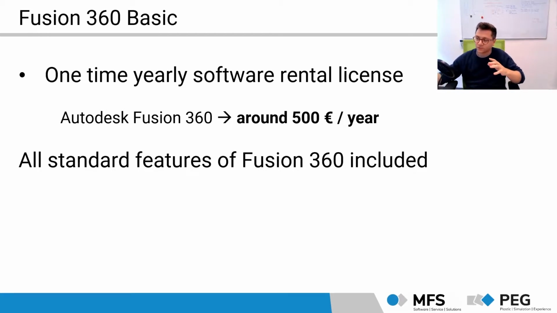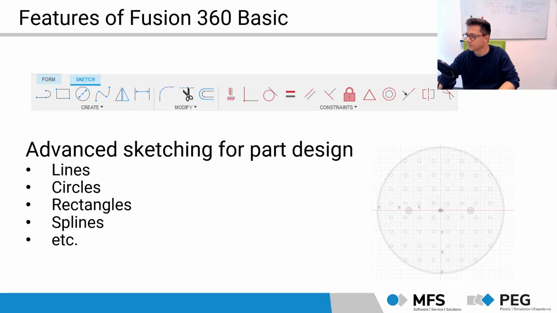So to give you a nice overview, or brief overview of the software, I just collected some of the most important features of Fusion 360. So the first and most important feature possibly for product design is the sketching, because without sketches you can't really get from an initial design to a complete model.